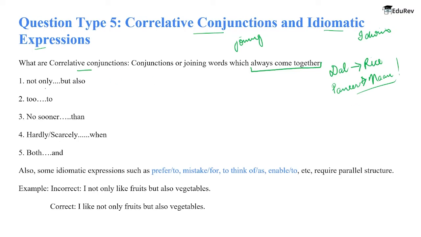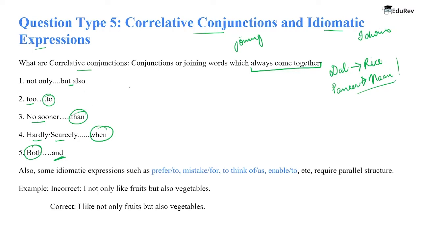With not only, but also will also be there. Whenever you write either, or must also be present. With no sooner we use than. With hardly or scarcely we use when. And with both we use and.